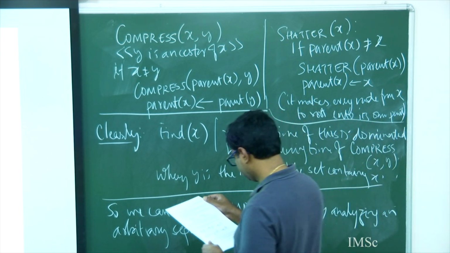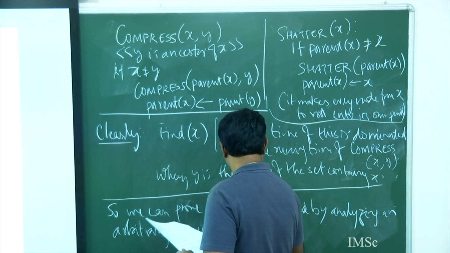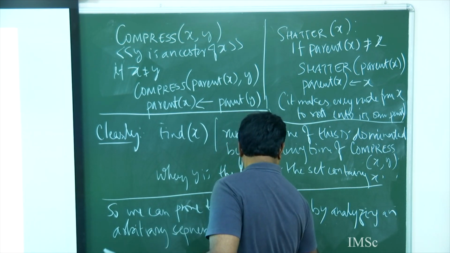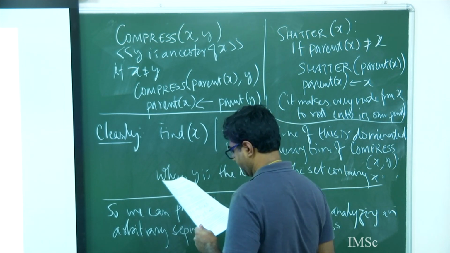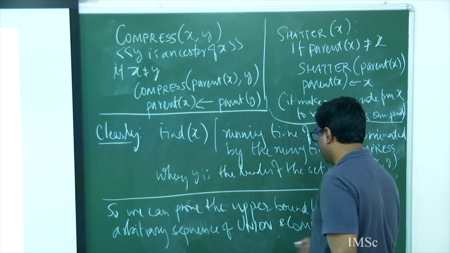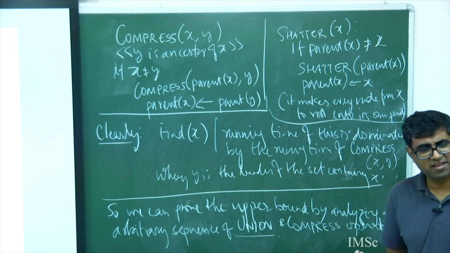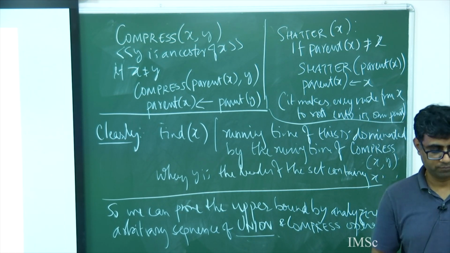An arbitrary sequence of union and compress operations. And what do we know about union? That's a very easy thing, right? Once I give you the arguments, union takes order one time.